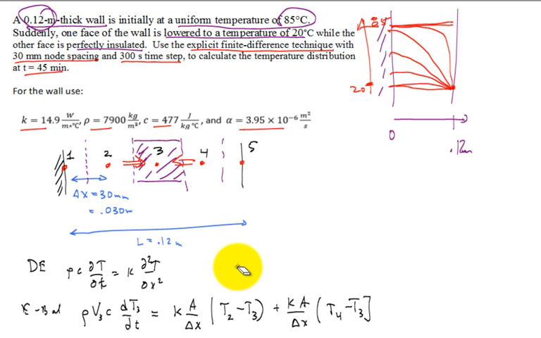So if you wanted to, you could bring that rho C V over. And if you think about the volume for node 3, is it equal to some area times some delta x? Yeah, and so we could replace that right here. Area delta x, get rid of this volume at 3.